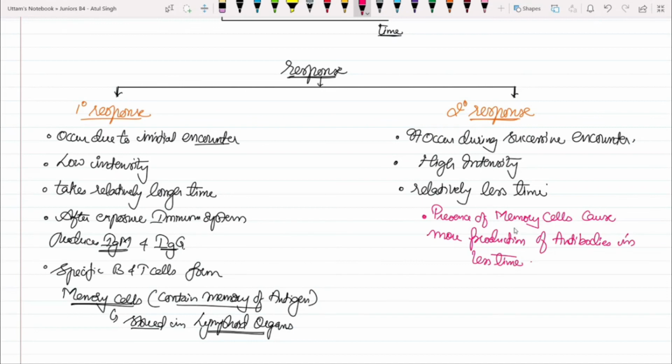And the secondary response is the anamnestic response.